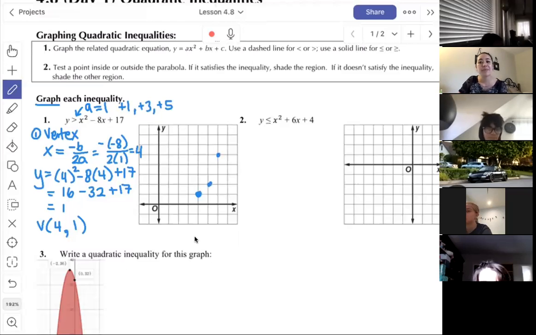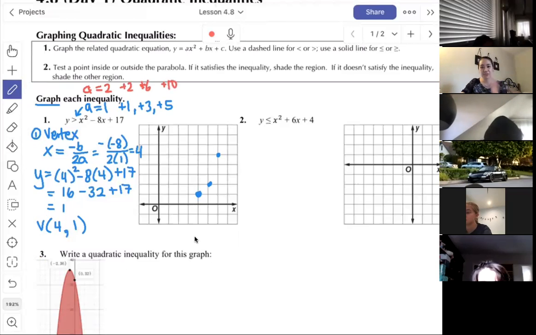Okay. Be careful here, guys. I noticed that some of you guys are doing up 1, up 3, up 5, even if A is not equal to 1. Be careful, okay? Hypothetically, if A was equal to 2, I would go up 2, right? Up 6, and then up 10.